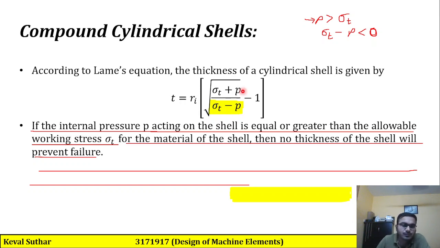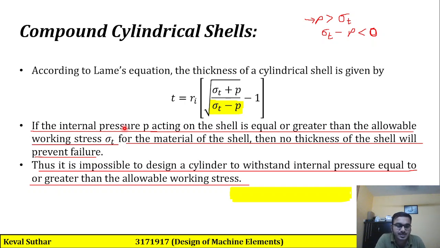So if the internal pressure P acting on the shell is equal to or greater than the allowable working stress sigma t for the material of the shell, then no thickness of the shell will prevent the failure. So we cannot find a valid value of thickness which will be able to prevent the failure.